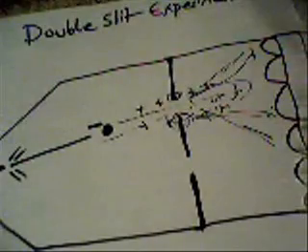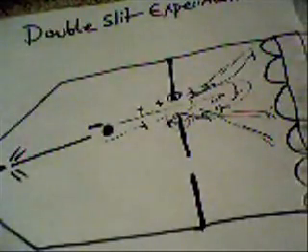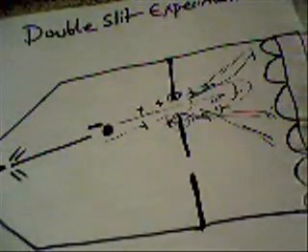Let's see, what else? One question would be, why haven't we detected this if it's that simple? And I don't really know. All I know is that things that are this small can rarely ever be seen.